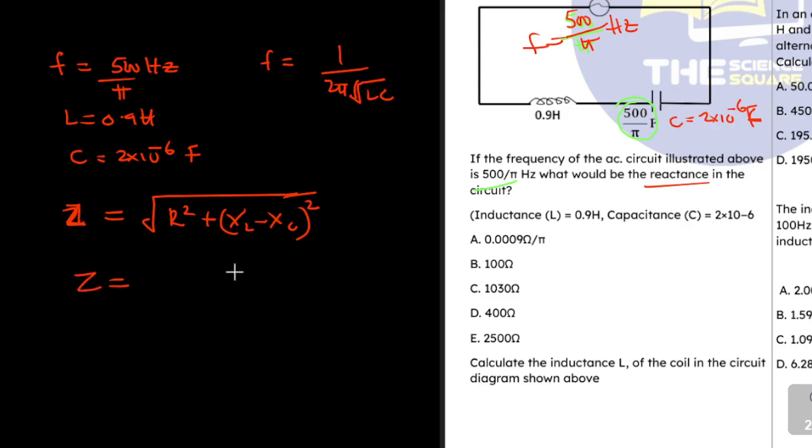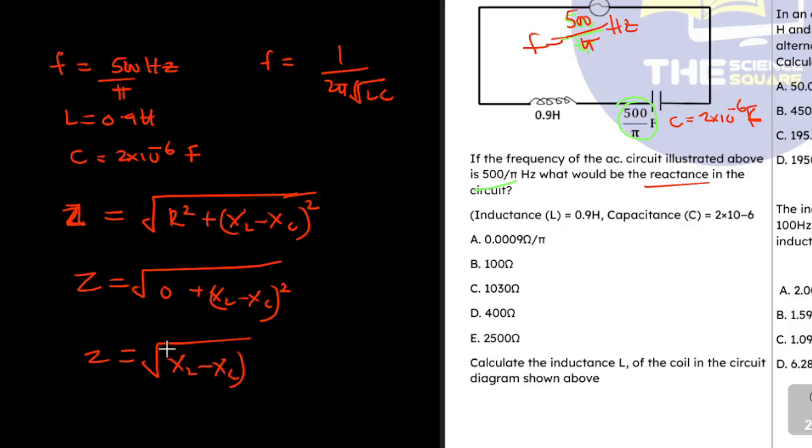So Z is equals to what? The square root of 0 plus XL minus XC all squared. So since there is no resistor, we are going to have square root of XL minus XC all squared. So the square root of a square will eventually cancel out, so we are going to have XL minus XC.